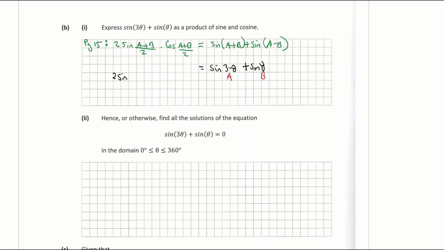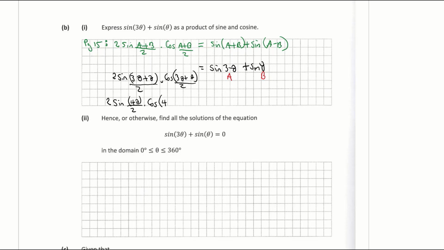So that's going to give me 2 sine A plus B, which is 3 theta plus theta, all over 2, times cos A, which is 3 theta, plus B, which is theta, all over 2. And when I divide 3 theta plus theta, which gives me 4 theta, so let's just, before we divide it by 2, I have 2 times sine 4 theta over 2 times cos 4 theta.